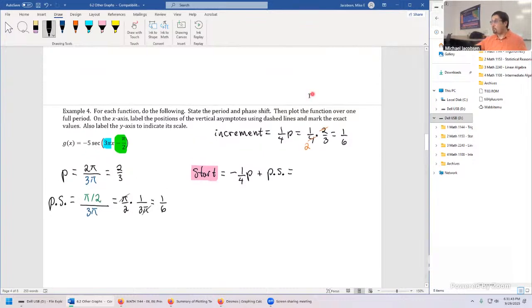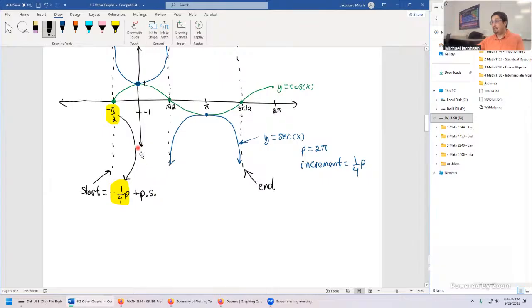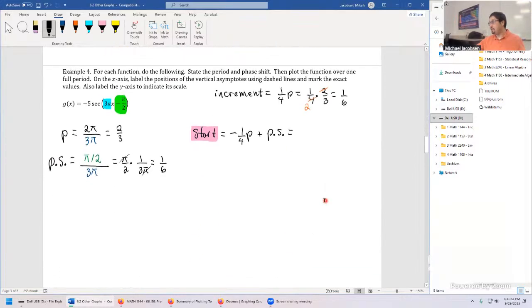And really, that's exactly what we did over here. There, the start was negative 1/4 of the period. It just so happened the phase shift was 0. We're starting that way so we can line up the very first vertical asymptote. Now we can make some substitutions. Negative 1/4 of the period plugs in as negative 1/6, plus the phase shift, the next substitution, which is 1/6. So it starts at 0.